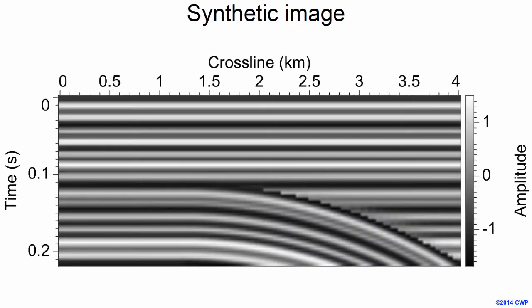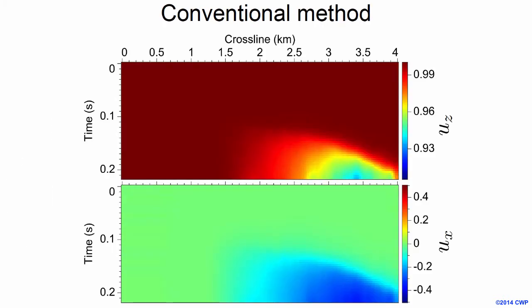So now let's apply these two structure tensor methods to this synthetic image. These two images shown here are the vertical and the horizontal components of the seismic normal vectors that we estimated by using the conventional structure tensor method, which is not accurate because both of these components are smooth at the unconformities.